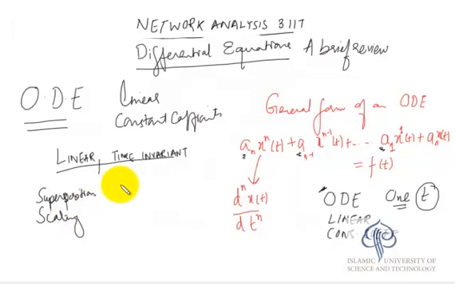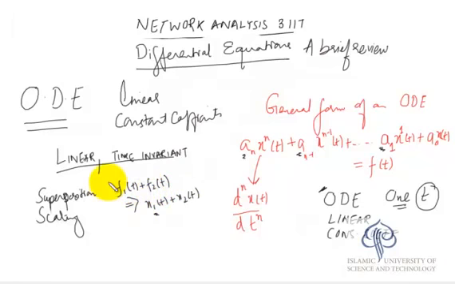A differential equation is linear if the response to an excitation f1(t) plus f2(t) is the response x1(t) plus x2(t), wherein x1(t) is the response to f1(t) alone and x2(t) is the response to f2(t) alone.